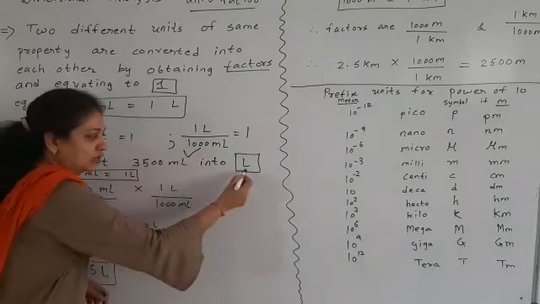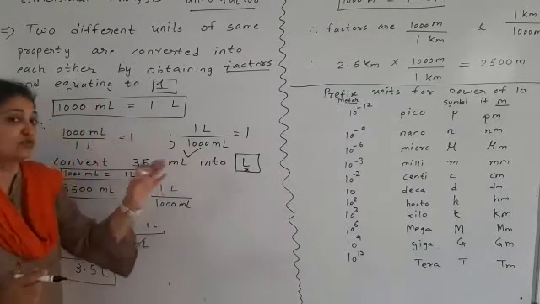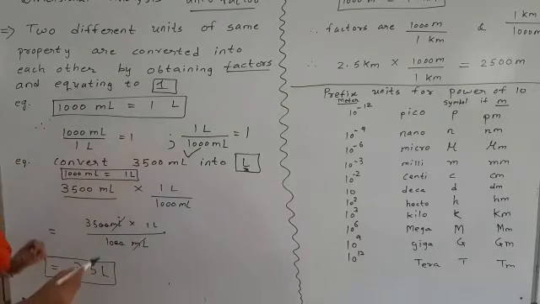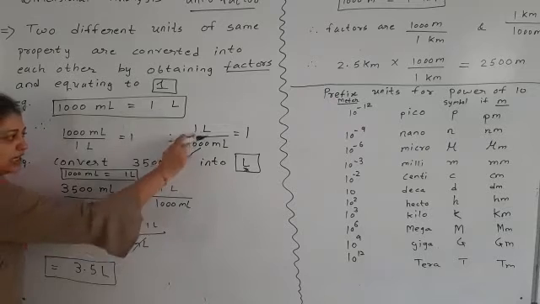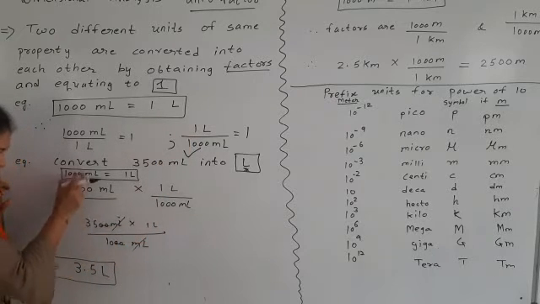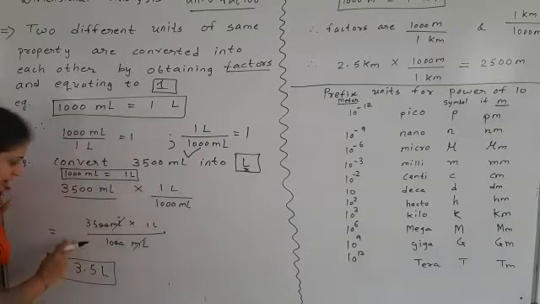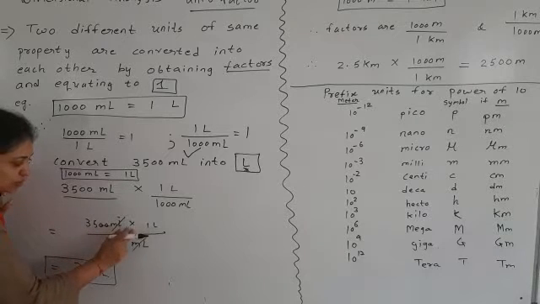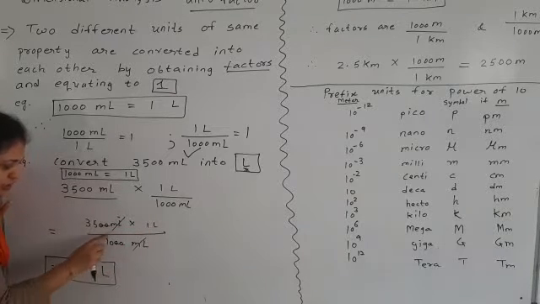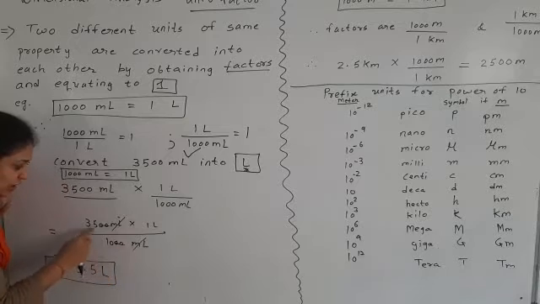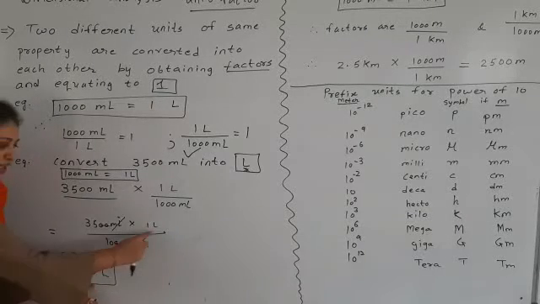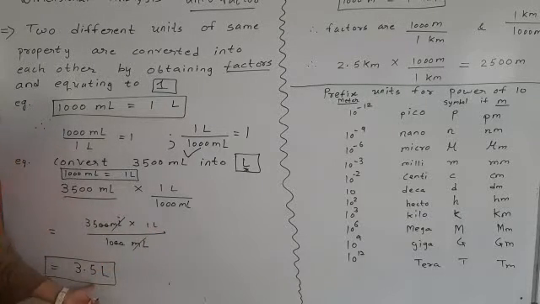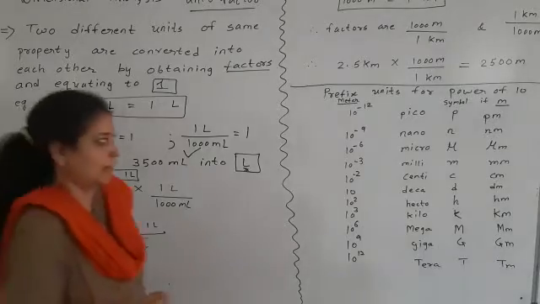Into whatever unit you are shifting, that has to come in the numerator. So it comes out to be 3500 ml into 1 liter upon 1000 ml. The ml and ml cancel out. Two zeros cancel out, so it is 35 upon 10, which is written as 3.5 liter. Liter is not cancelled. So we converted this way.